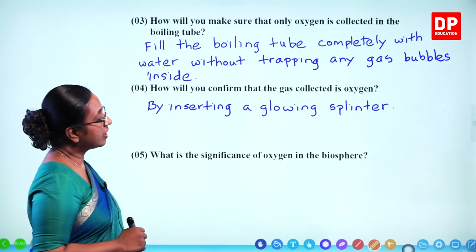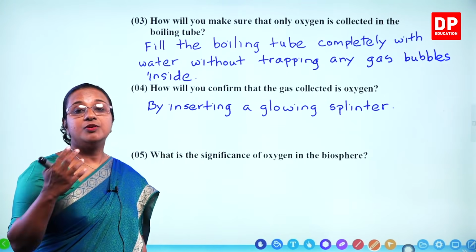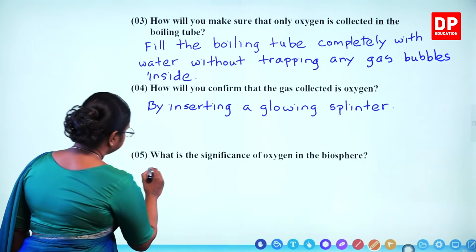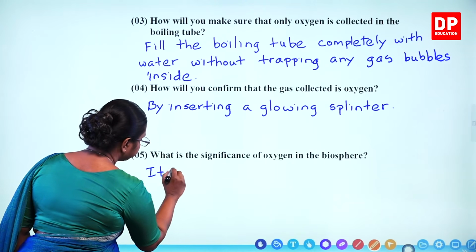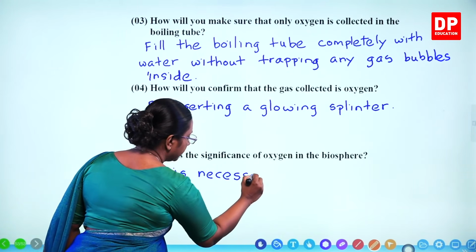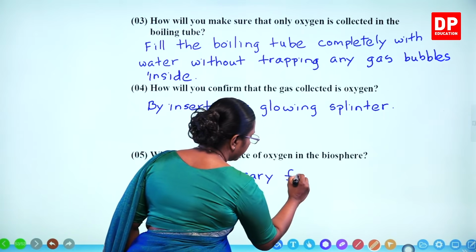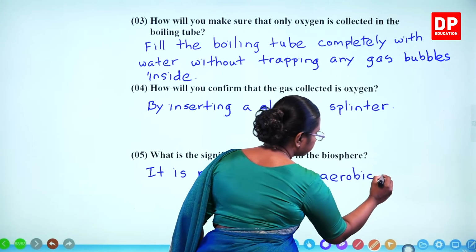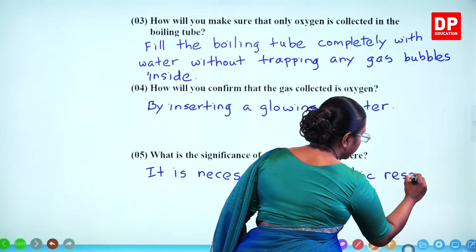Then we don't need to write combustion. We only need to say about aerobic respiration. It is necessary for aerobic respiration.